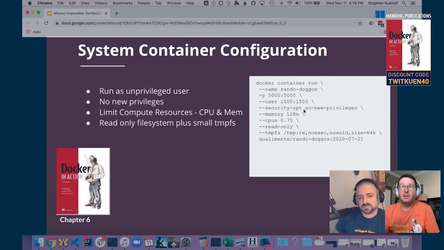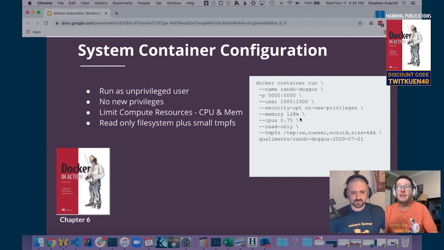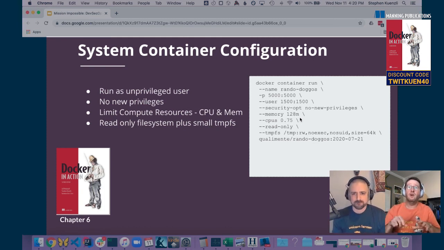You should limit the CPU and memory resources used by the container to help contain or manage denial of service attacks. That's also really important information for orchestrators, so they know what worker to place containers on.